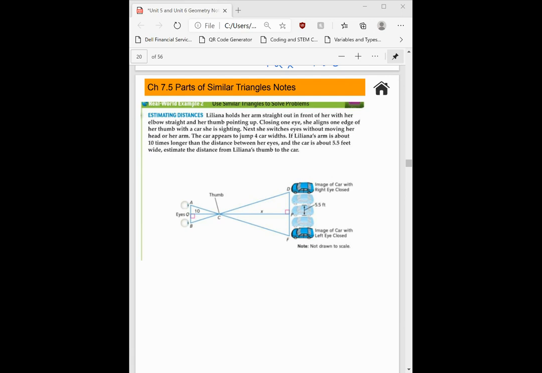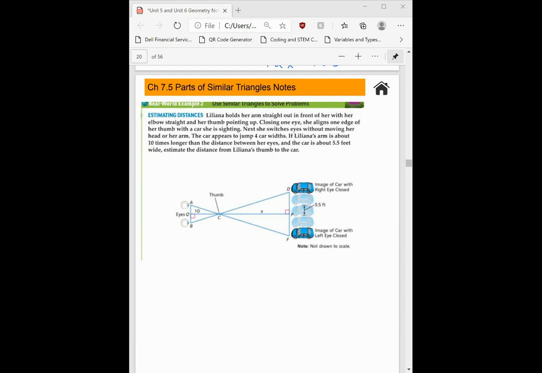So first we have this diagram here, and this diagram is illustrating what's happening. We assume that if Liliana's thumb is straight in front of her, then QC is the altitude of triangle ABC. Likewise, PC is the corresponding altitude. We assume that AB is parallel to DF.